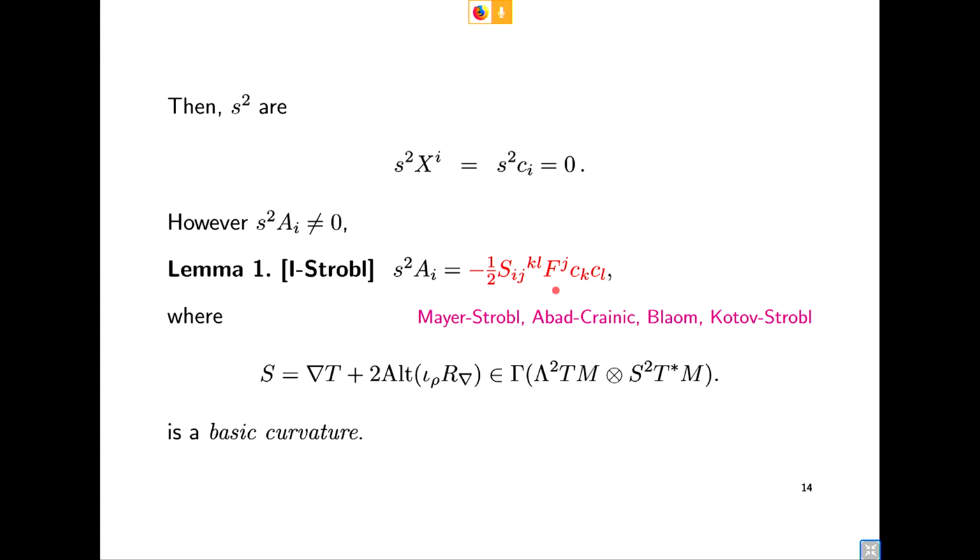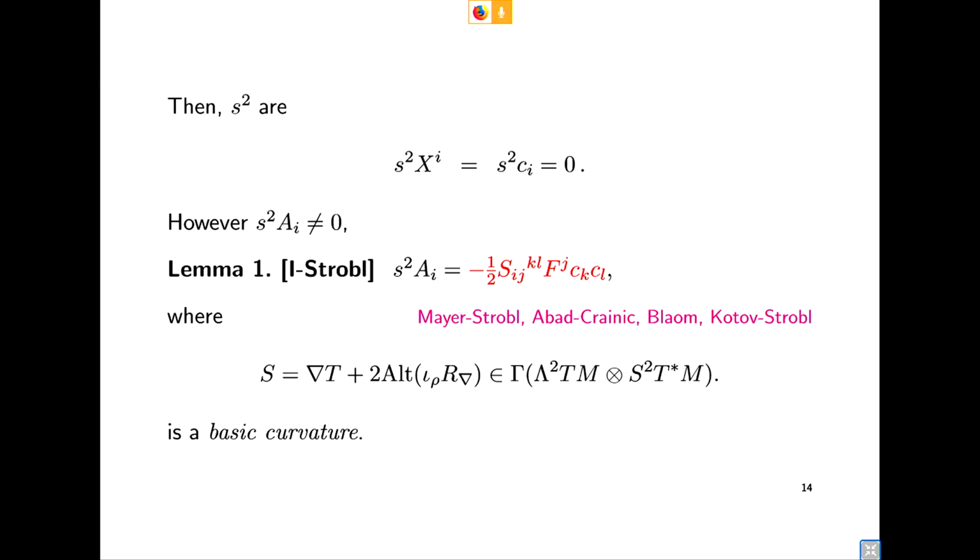What is this? This is proportional to the Fj equations of motion, with a coefficient Sij(Kl). What is this tensor? This tensor is the so-called basic curvature of the Lie algebroid connection. It is defined like this.